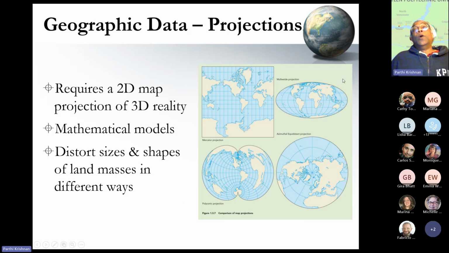Right? The Mollweide projection on the right tends to show the size in true form, but the shapes are changed and it is very difficult to use for navigation purposes. The polyconic allows us to get very accurate measurements along the central corridors, but every other location is no longer true to its location.